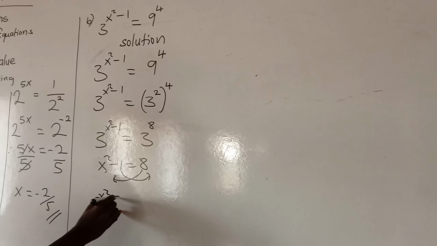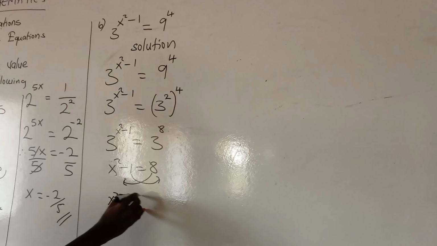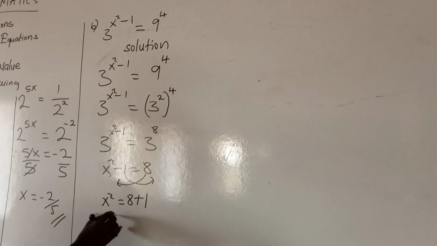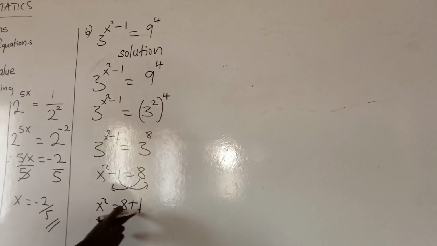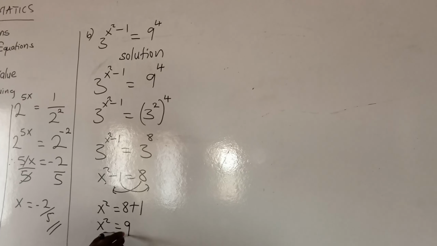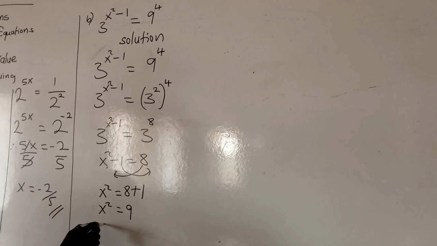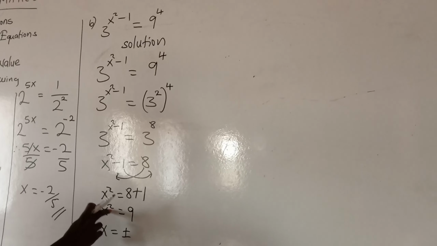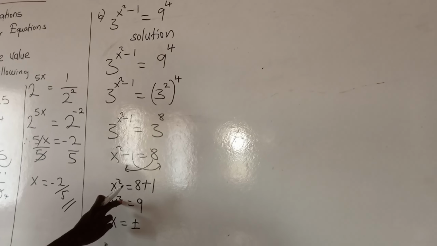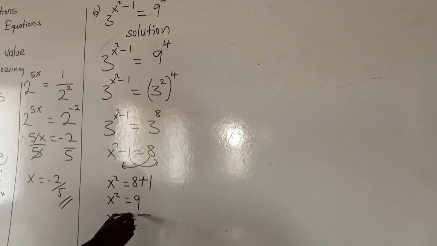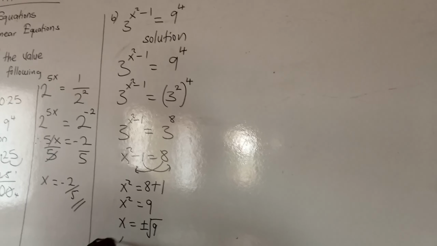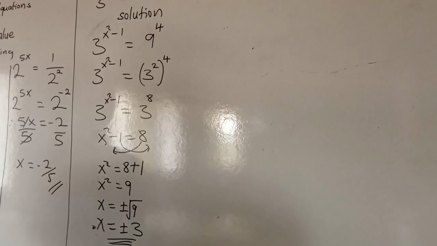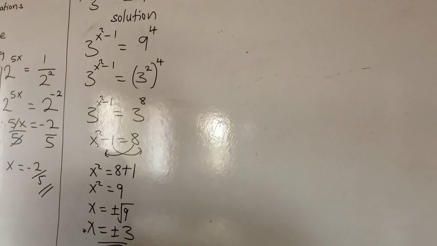So x squared equals 8 plus 1, it will give us 9. So you take the square root in order to remove this 2 up here. Say plus or minus the square root of 9. Then it will give us plus or minus 3. So this is the answer for B.